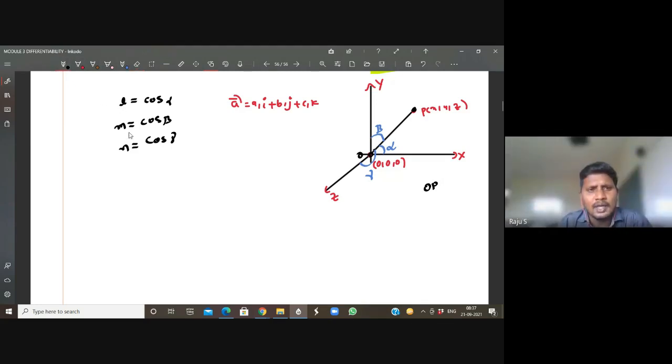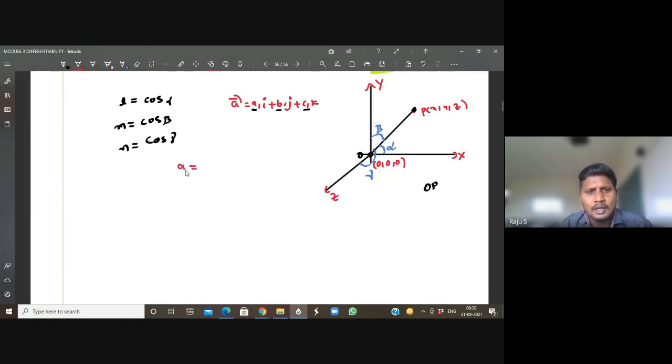So L, M, N are direction cosines. Here A1, B1, C1 are called direction ratios. And remember students, direction cosines and direction ratios are always proportional.